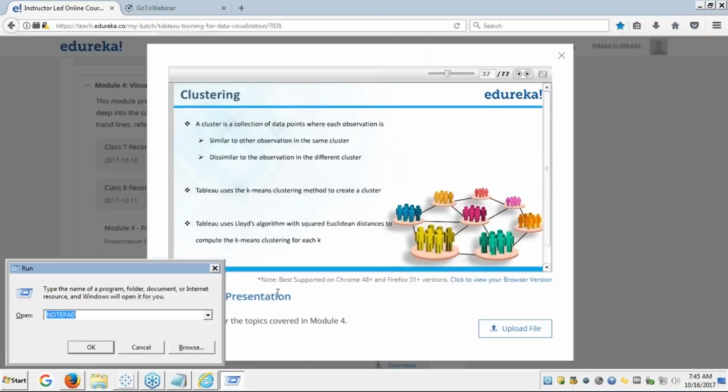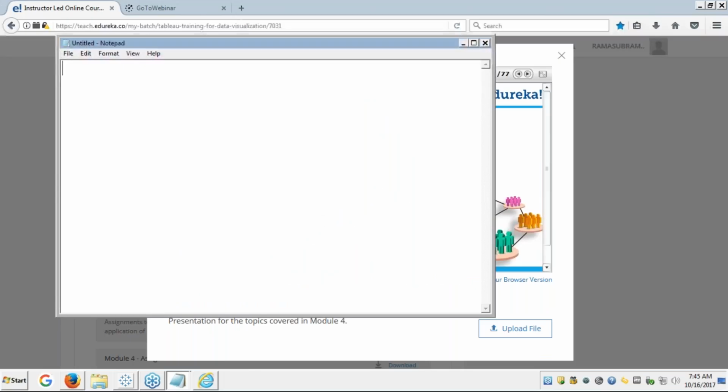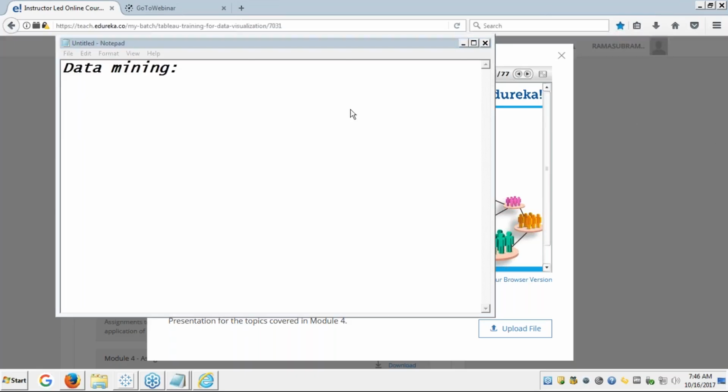People should have known about something called data mining. You know something about data mining, right? So what is data mining? Can anyone tell me? We have got some answers: extracting data from the source, finding hidden trends.